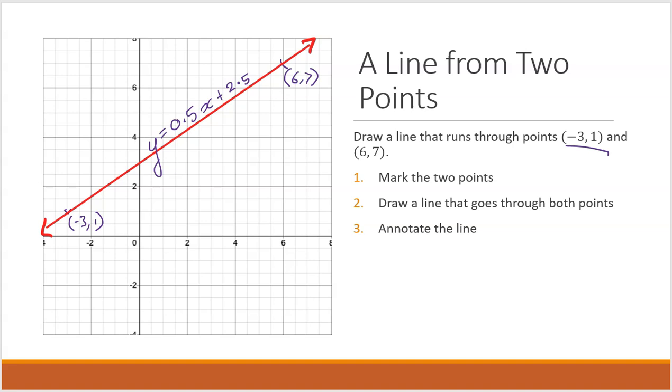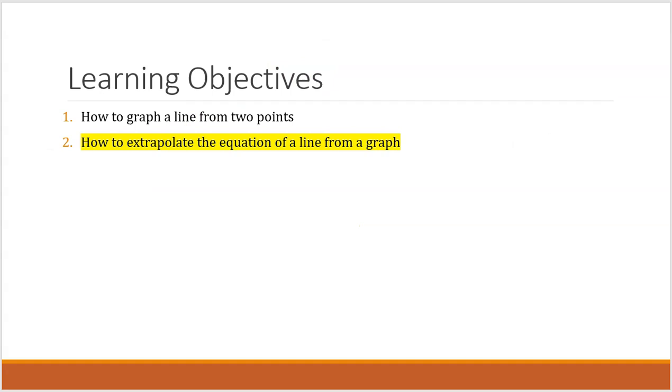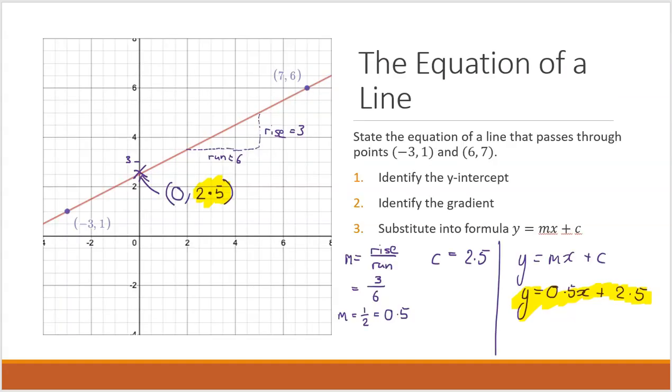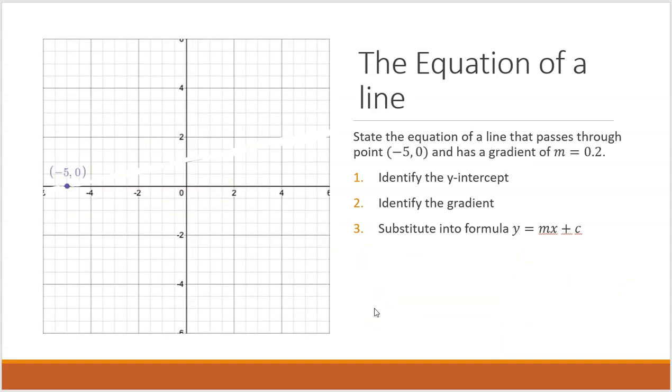Now let's do 2 more examples, and we'll make them slightly different. So we're still on how to extrapolate the equation of a line from a graph, but rather than having 2 points, what if we've got something slightly different? What if we want to find the equation of a line that runs through the point (-5, 0) and has a gradient of m equals 0.2?